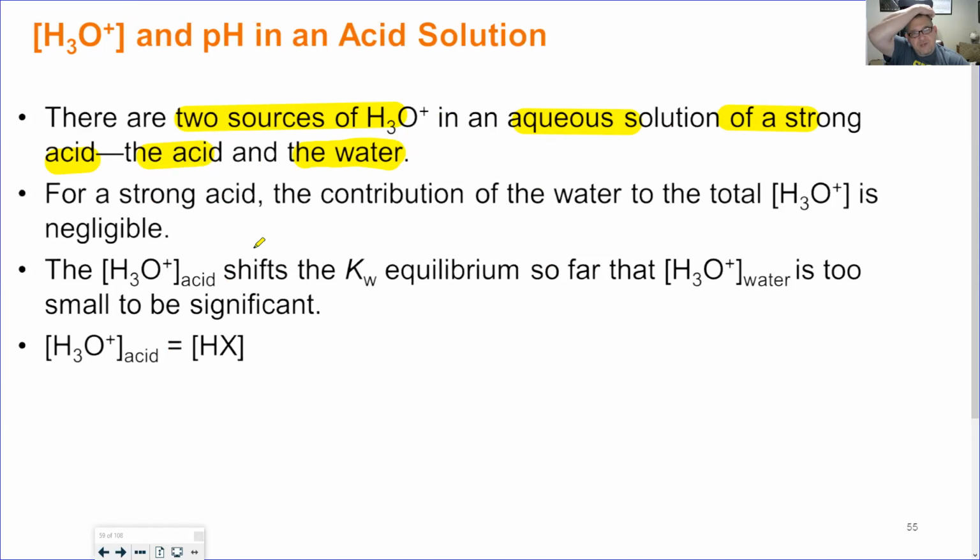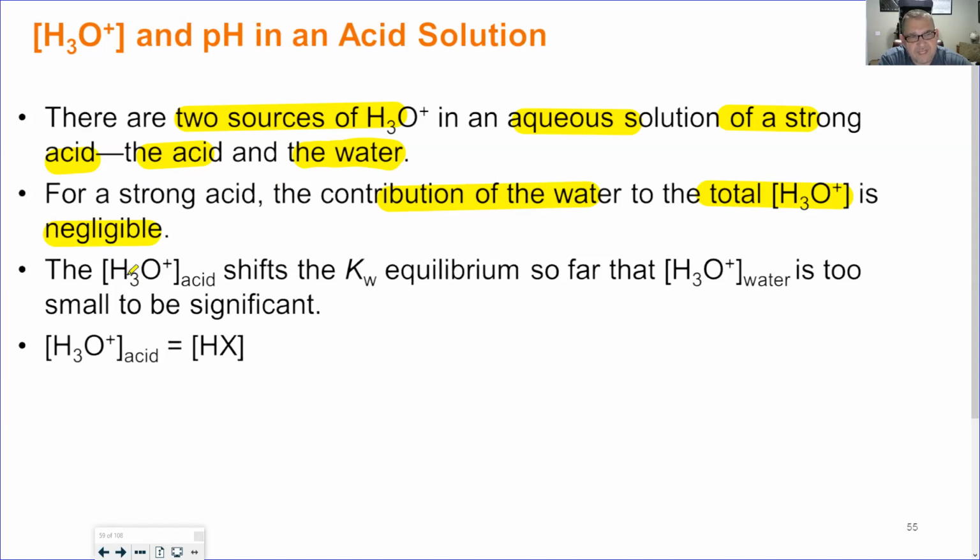But we know the ionization that comes from the water molecule itself is weak. It's only 1 times 10 to the minus 7th. So what that means is the contribution from the water to the total hydronium ion concentration is really insignificant, so much that we can neglect it in the calculations.